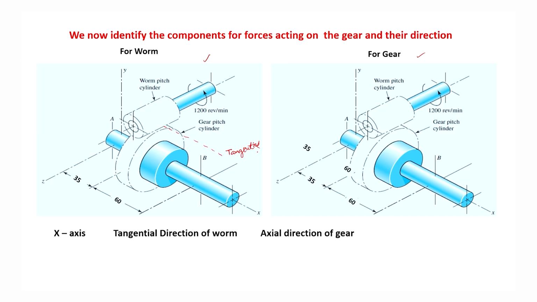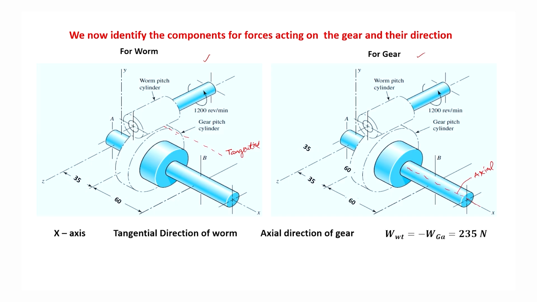But for the case of gear, this x-axis is the axial direction. So, whatever force was acting on the worm in the x direction, the force will become the axial force on the gear.